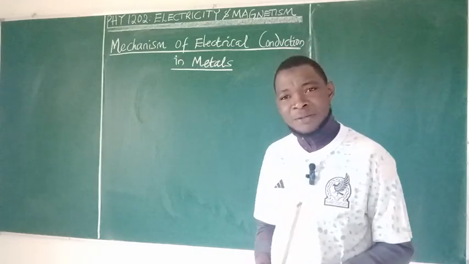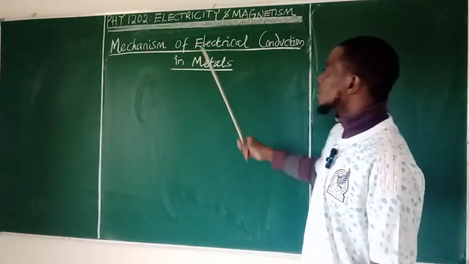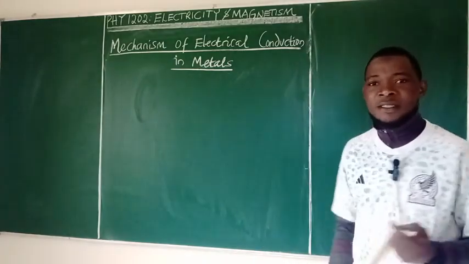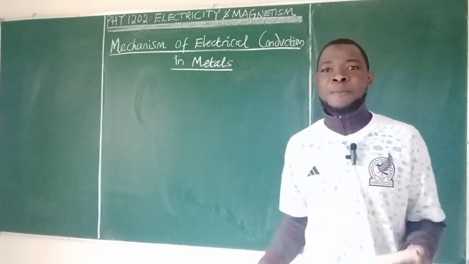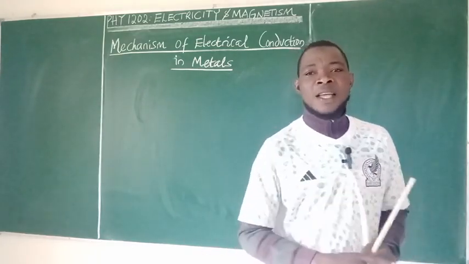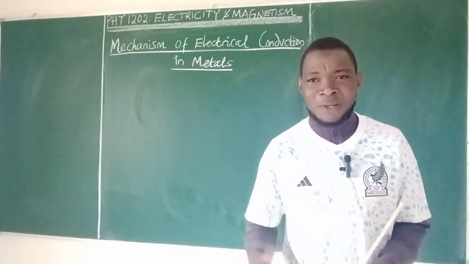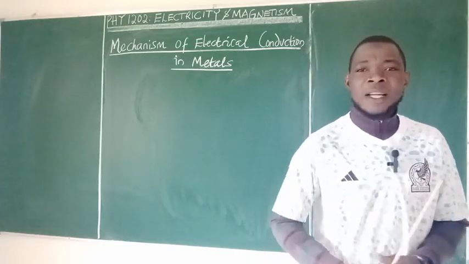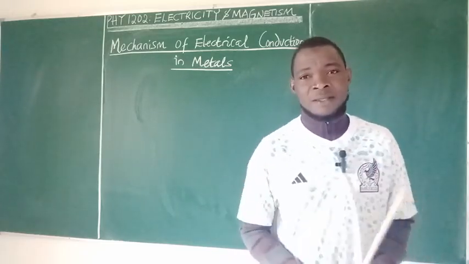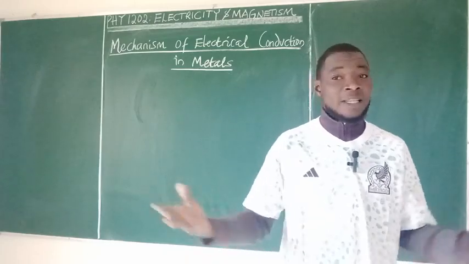Well, in today's physics class, we are going to learn the mechanism of electrical conduction in metals. As an introduction, remember in our study of basic science when we were in secondary schools, we were told that one of the characteristics of metals is that metals are good conductors of electricity.